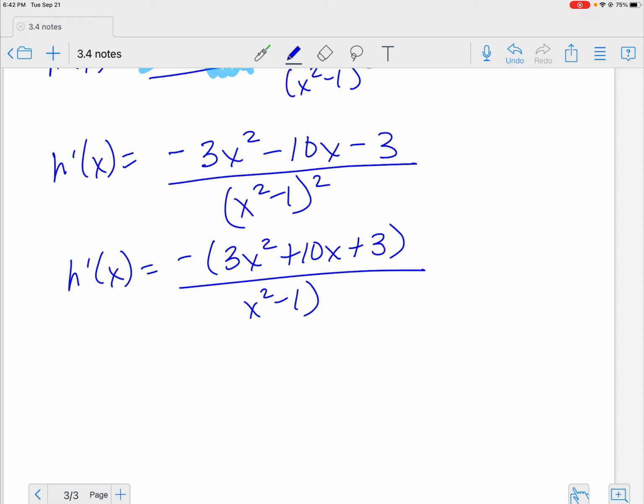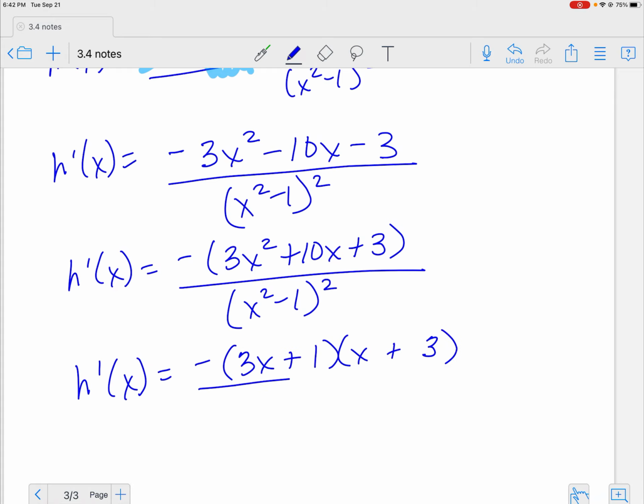Oh, ladies and gentlemen, I think we can factor that numerator. I don't know if it's really going to help us. But I've got a 3x and an x. If I make this a 3 and a 1, we just did it, didn't we? So if I check my outsides, there's my 9 plus 1 is 10.